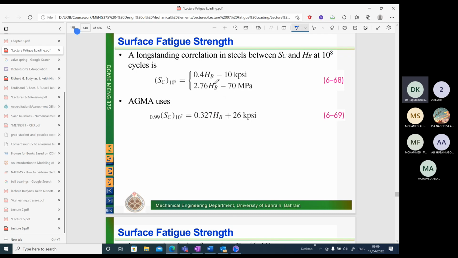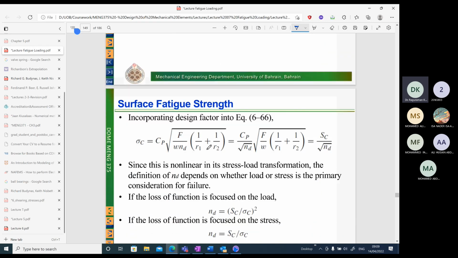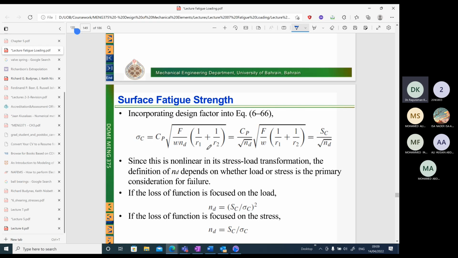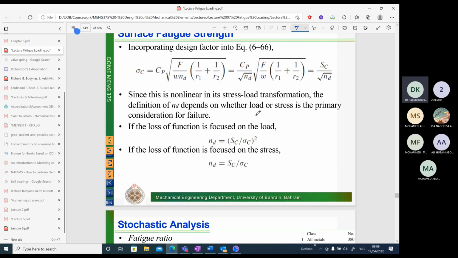And we can see here, based upon the hardness value, we can get it. Again, there are two different standards given here: at 10 to the 8 cycles, and according to AGMA for gears in particular at 10 to the 7 cycles, you are given the surface fatigue strength. Again, there are formulas given for gears as well.